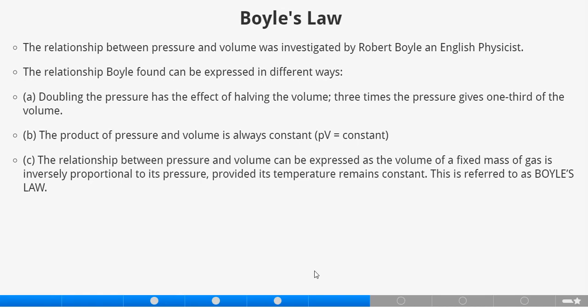B. The product of pressure and volume is always constant. PV is equal to constant. C. The relationship between pressure and volume can be expressed as: the volume of a fixed mass of gas is inversely proportional to its pressure, provided its temperature remains constant. This is referred to as Boyle's law.